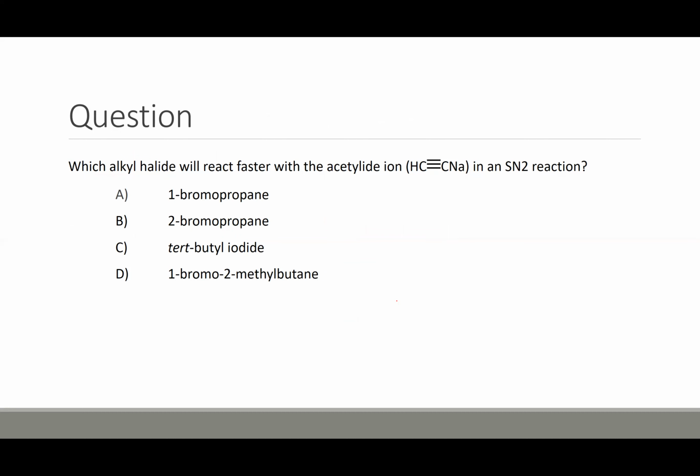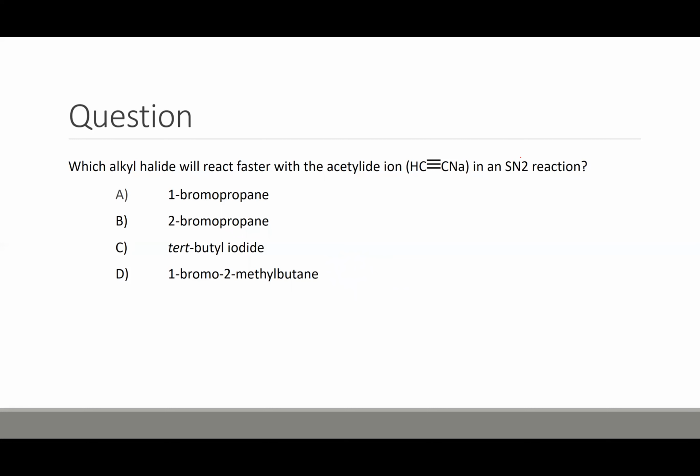So thinking about what we just talked about, what alkyl halide would react faster with an acetylide ion? So you've made an acetylide ion in this SN2 reaction. So we want to do an SN2 reaction. We want to extend the acetylide ion by adding on some carbons. Which of the alkyl halides would be better?